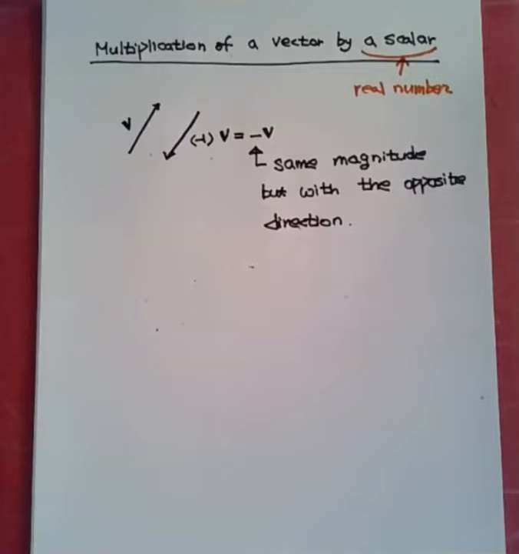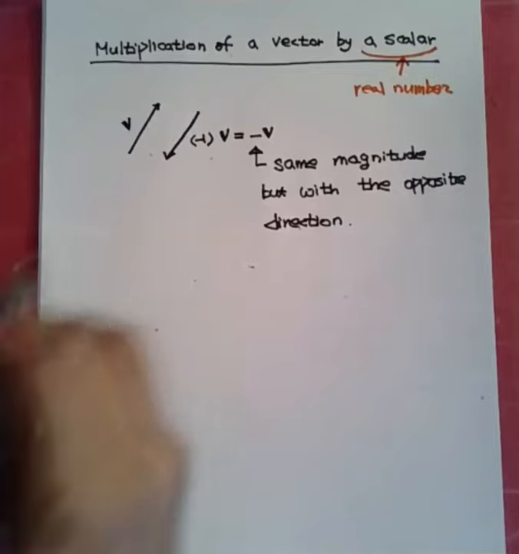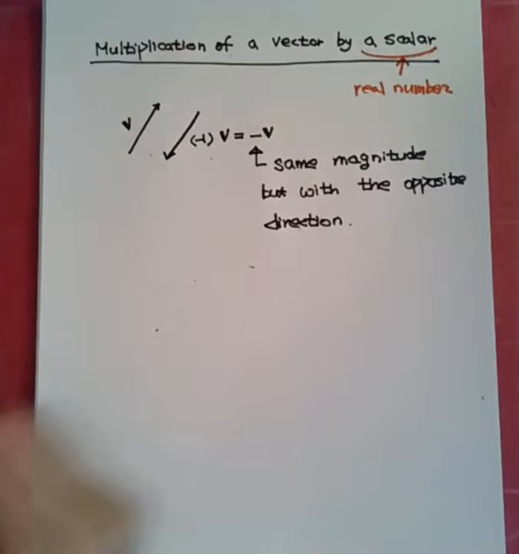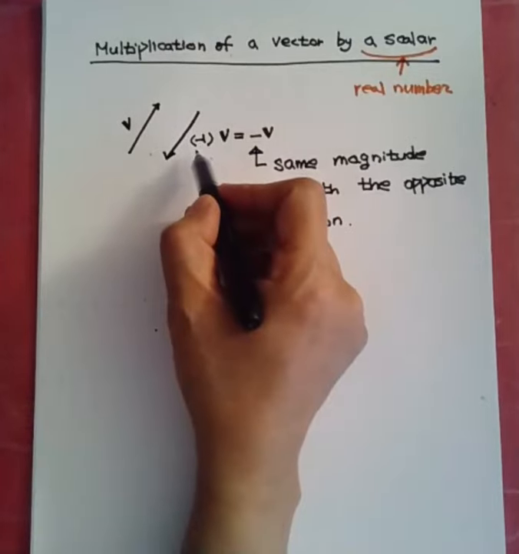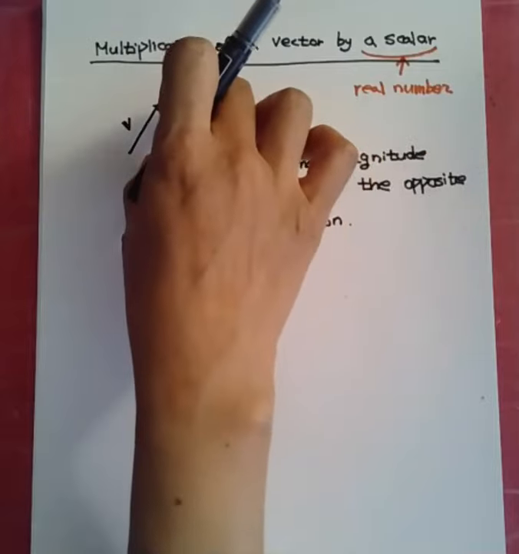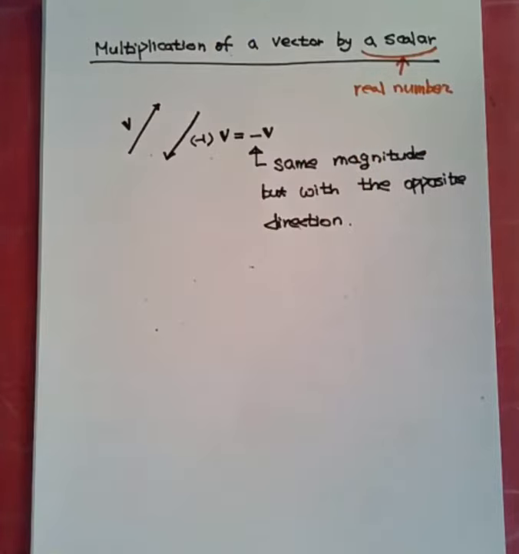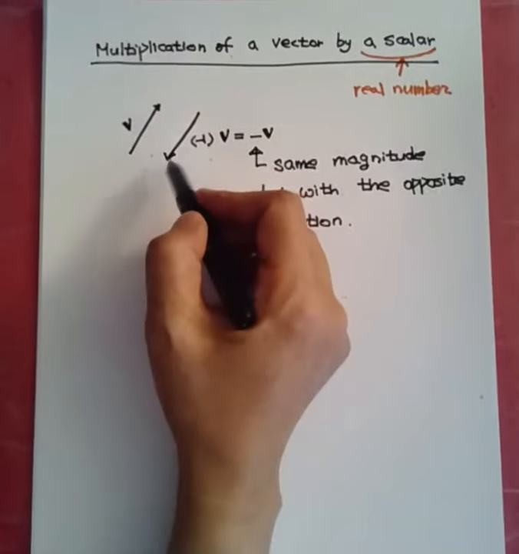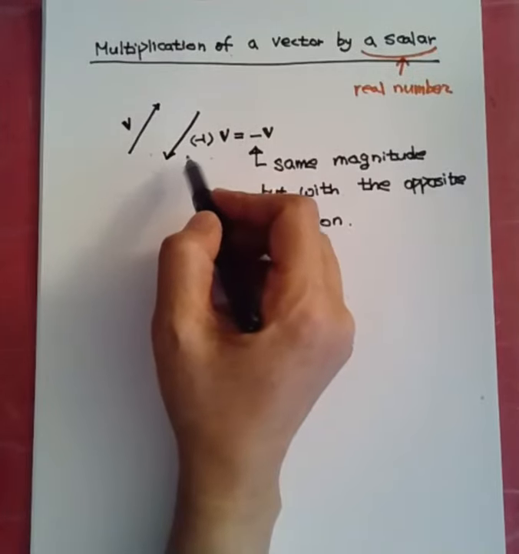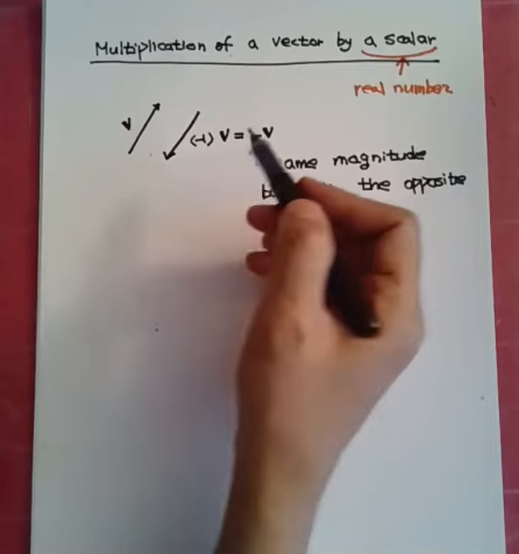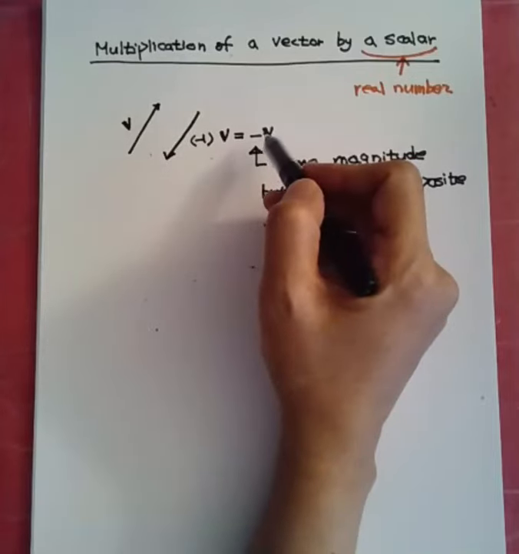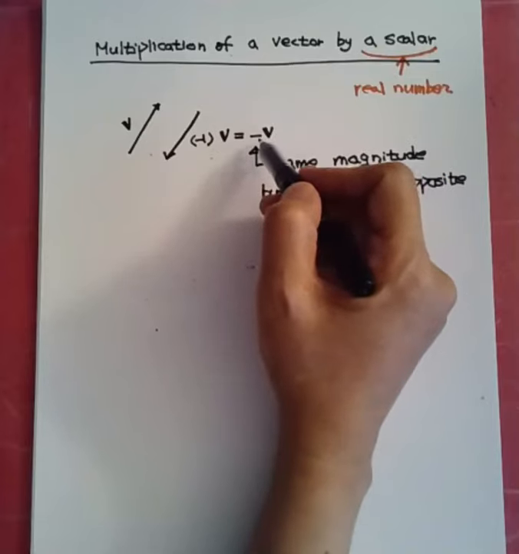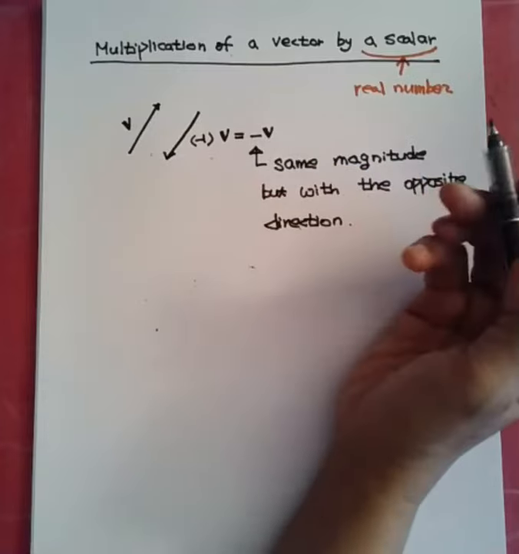When we have a vector v, if we multiply by -1, it doesn't change the length of the vector, but it changes the direction. To simplify the notation, we just put a minus in front of v. That means the vector with the same length as v, but a different direction.